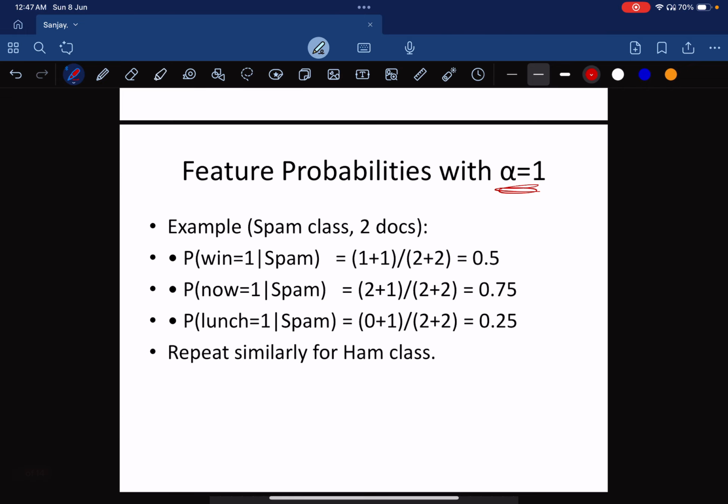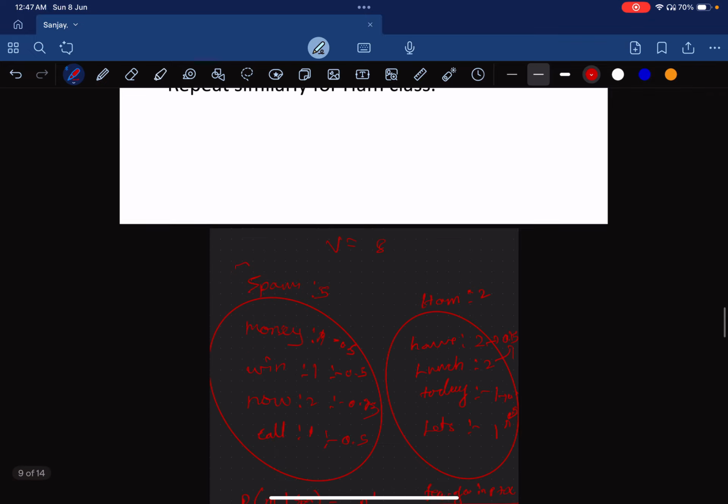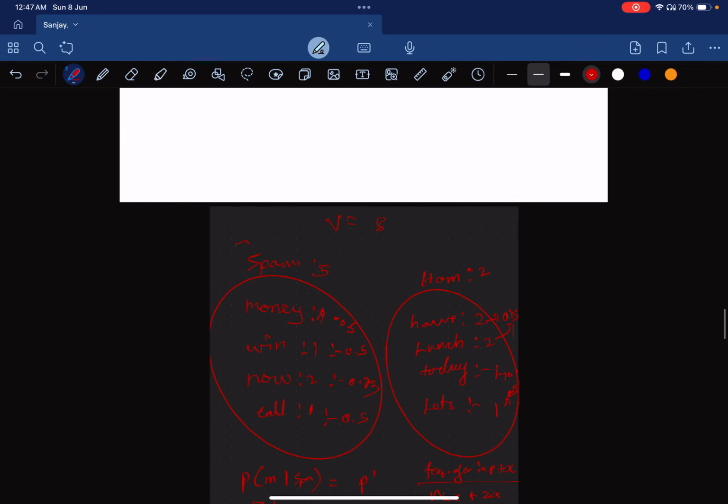After finding the probabilities for each word in each class, we can substitute them during the predictions, finding whether new data will be present or not present in the class.